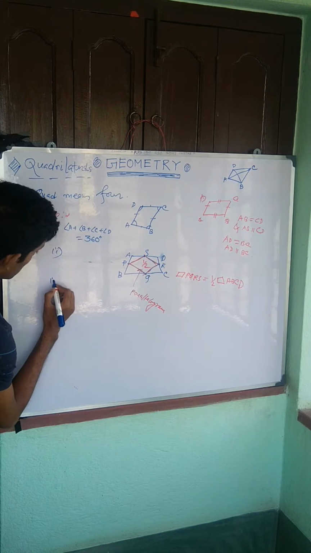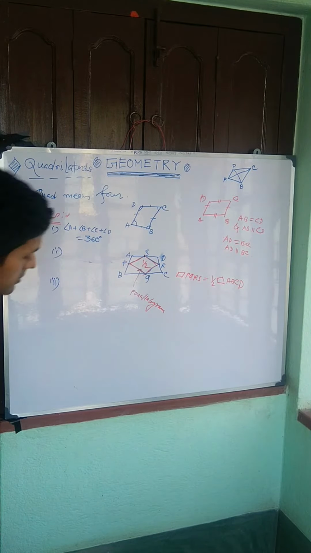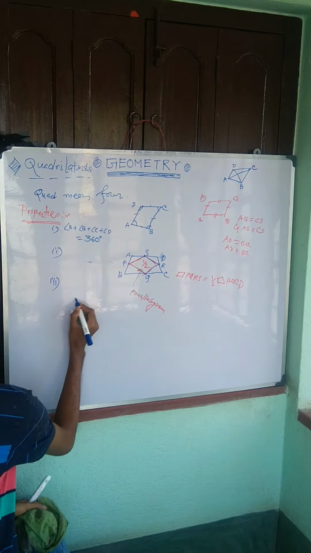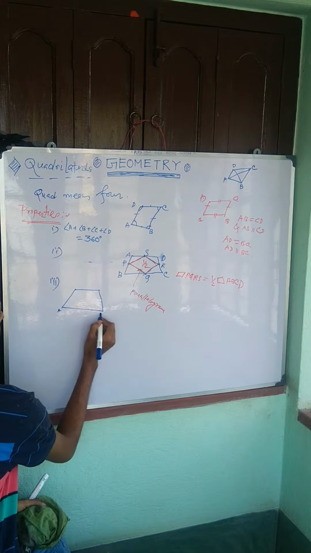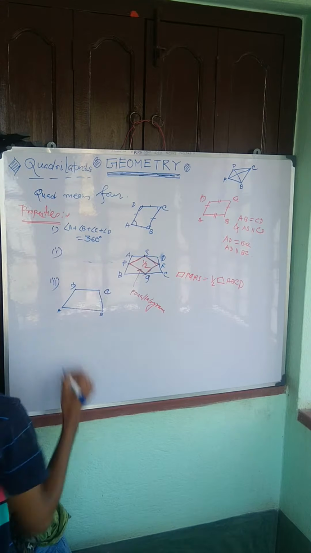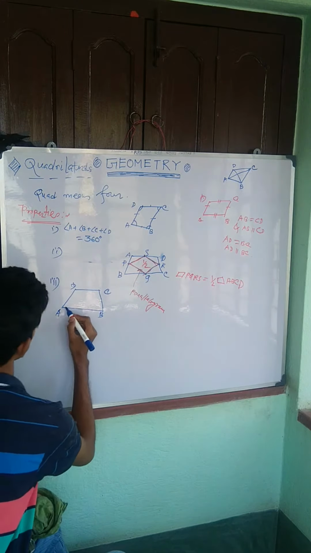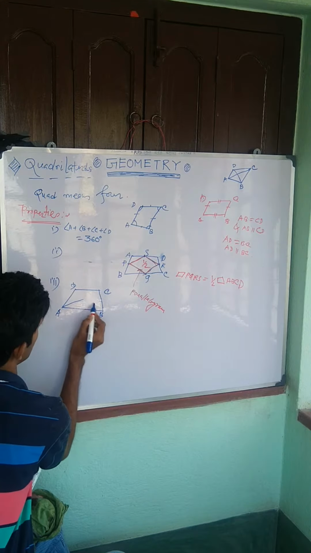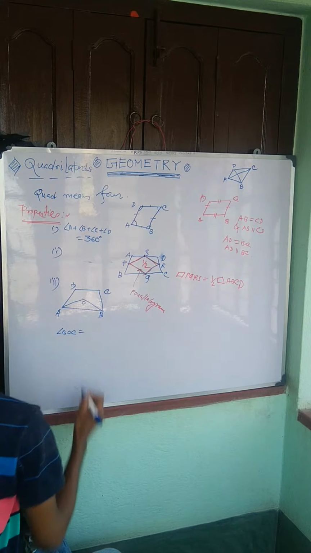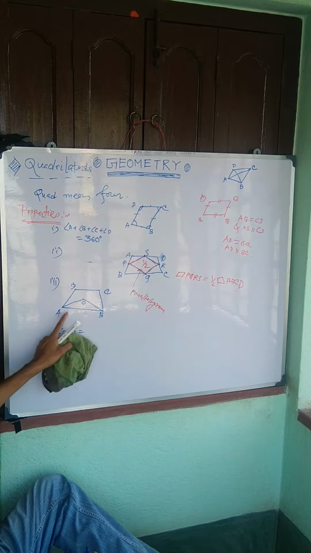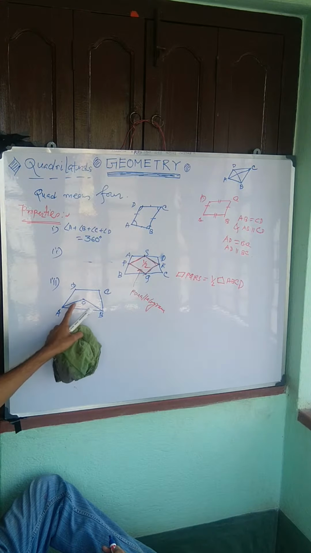Now I'll go to the third property. The third property is: the angle bisectors of angle A and angle B meet at point O, and then they make the angle BOC.